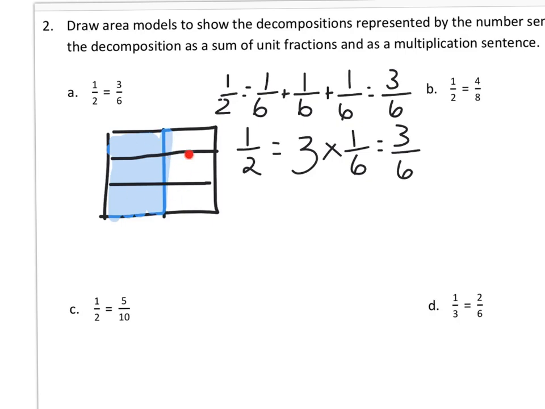So here we have our picture. That's our first fraction. Just draw the picture. The next one, I had to change it in the 6, so I figured out that had to be 3 rows. And then I draw my unit fraction in my multiplication sentence that goes with it. And I think we should be okay. Please don't hesitate to ask questions, guys.